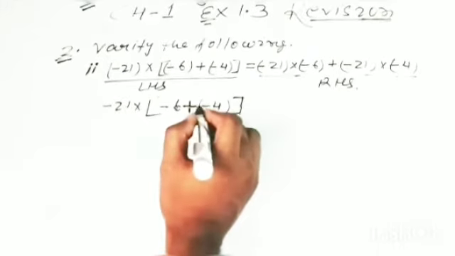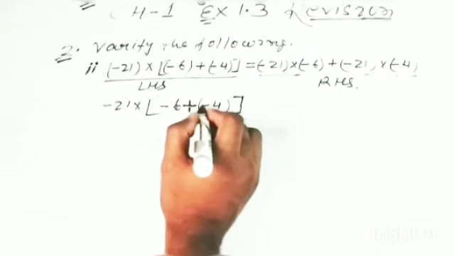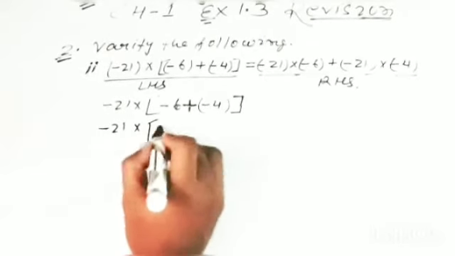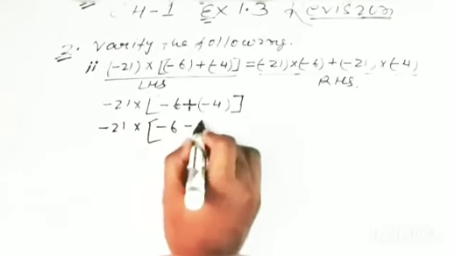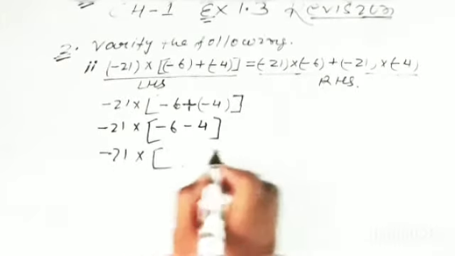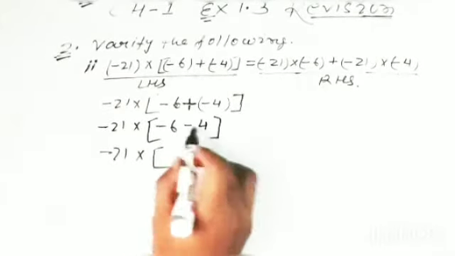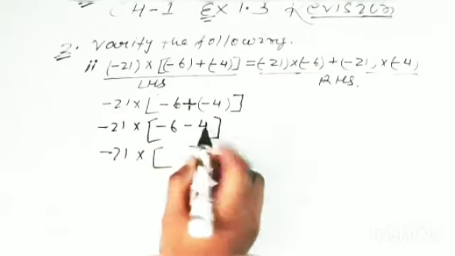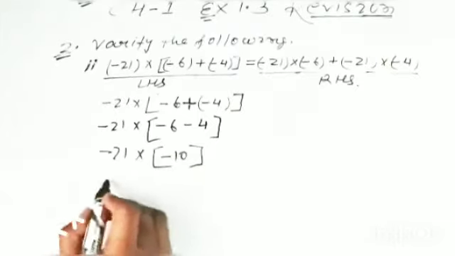Wherever you see 2 signs coexisting, you have to multiply those signs first. So let's write minus 21 into minus 6 plus minus 4 and bracket close. Minus 21 into, we see children, here both have the same signs, so they will be added. Minus 6 plus minus 4 gives you minus 10.